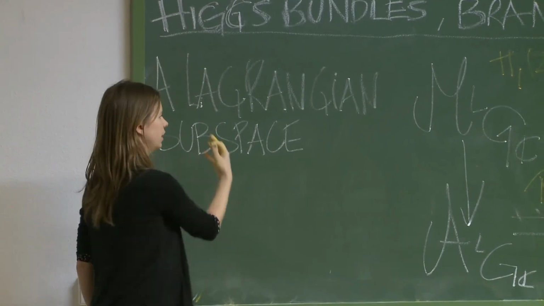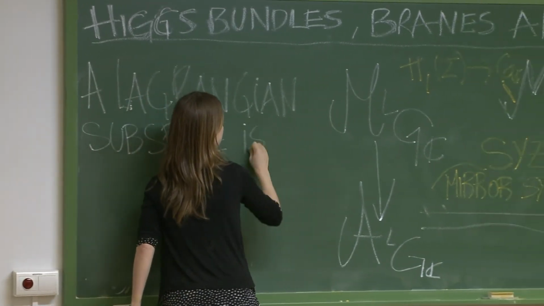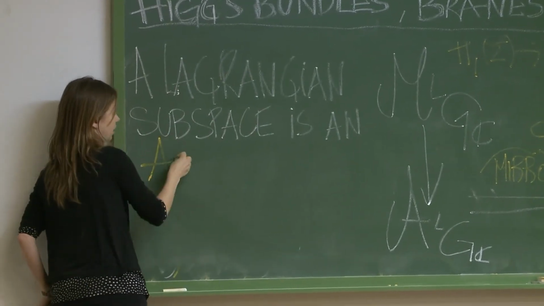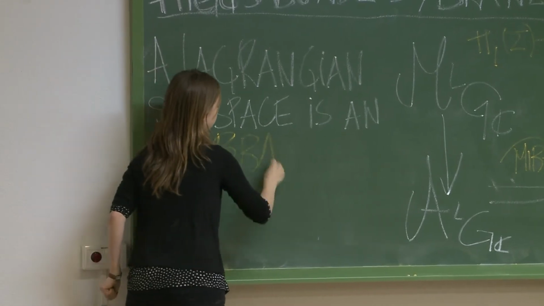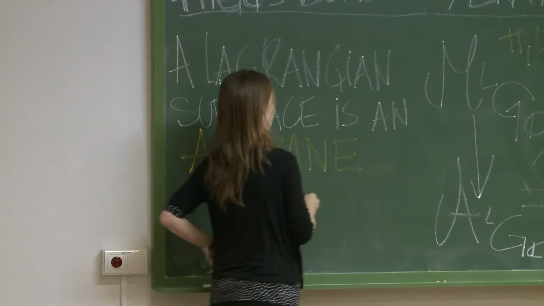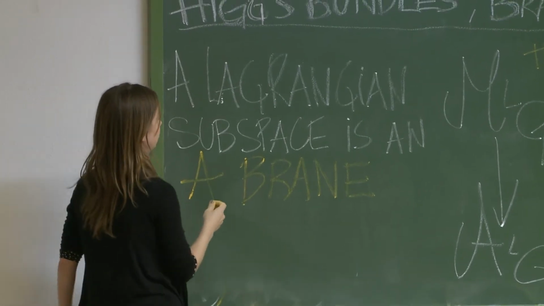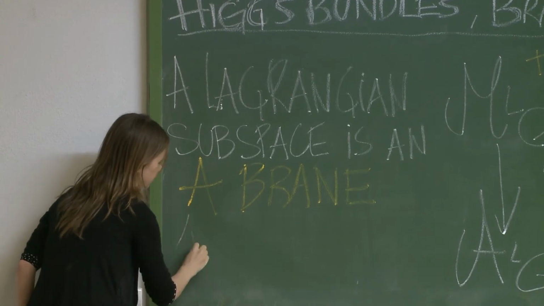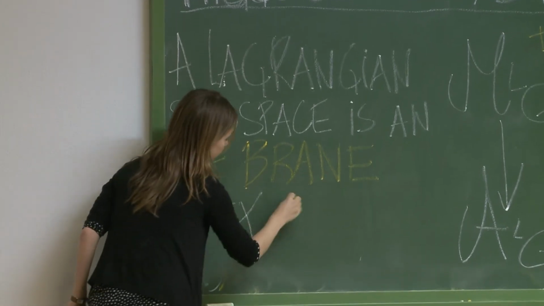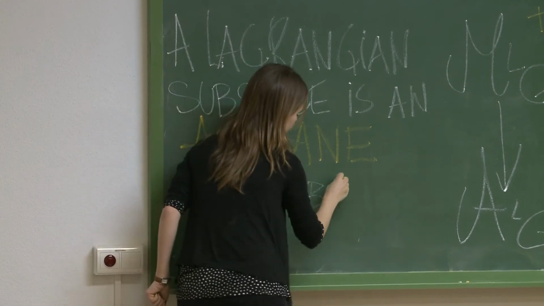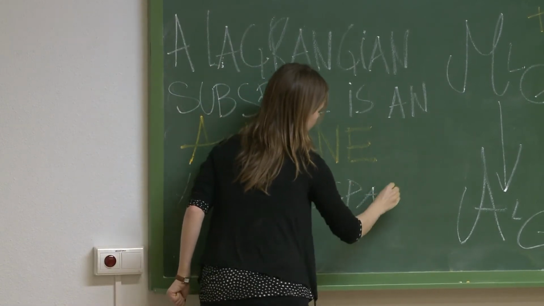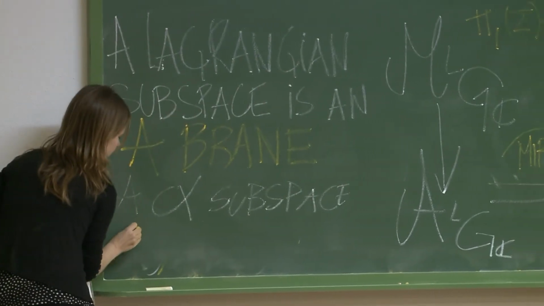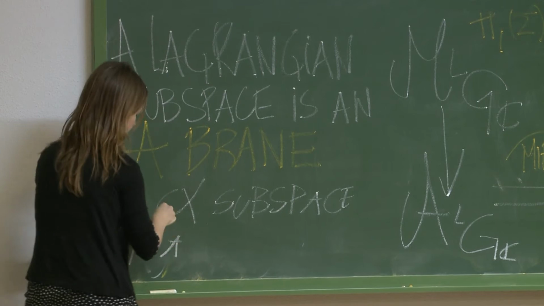So I fix one form, and a Lagrangian subspace is an A-brane, and a complex subspace is going to be a B-brane. So a complex subspace is a B-brane.